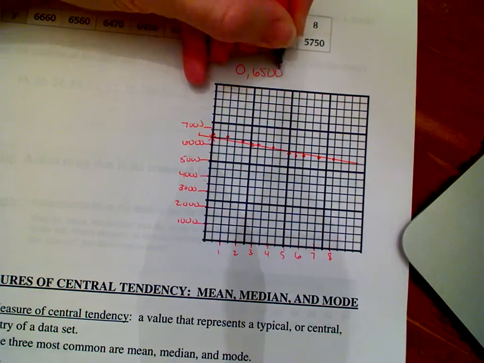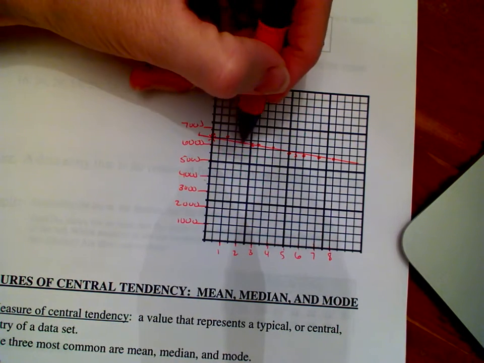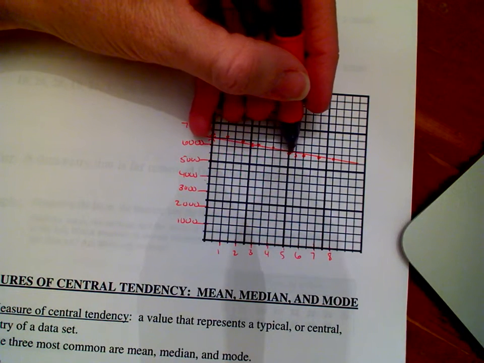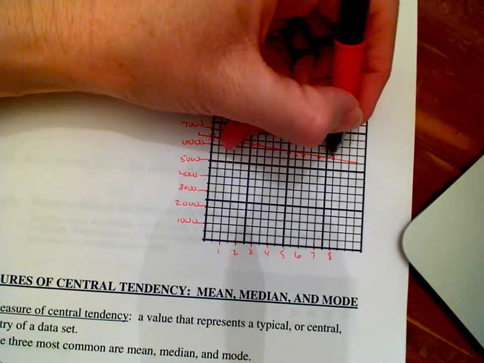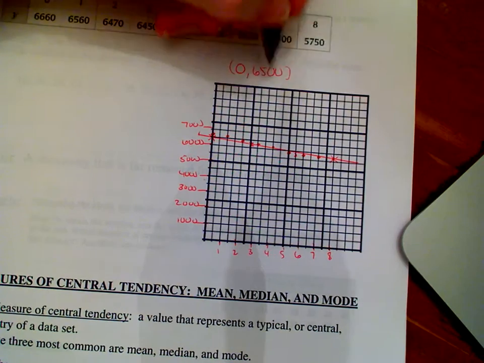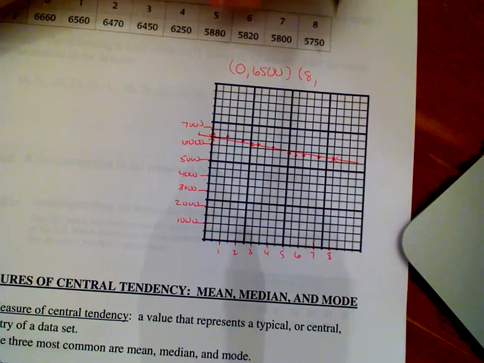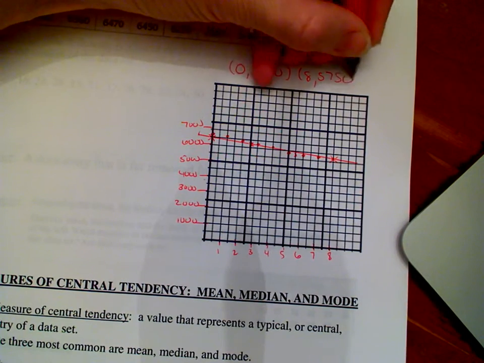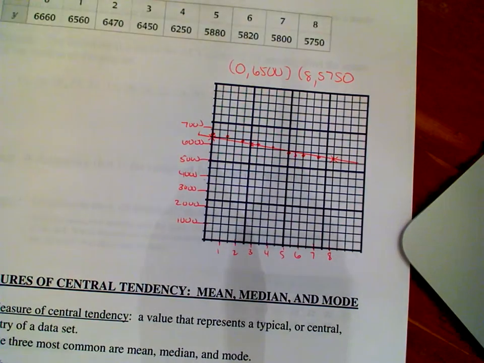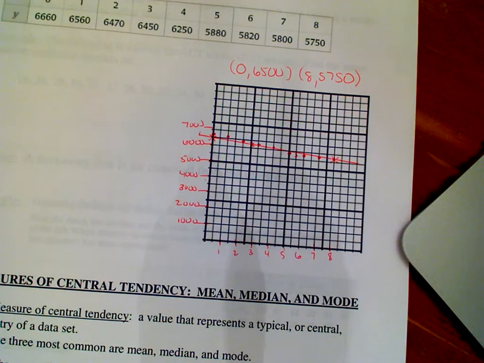So I'm going to pick that one. Going along the line, another place that seems to cross really nice, well, it goes through this point down here, which is the data point. I can use that as well. Okay. Everybody's going to pick something different because everyone's line is going to be approximated in a little bit different place. You just have to pick 2 points where you can easily get an ordered pair.